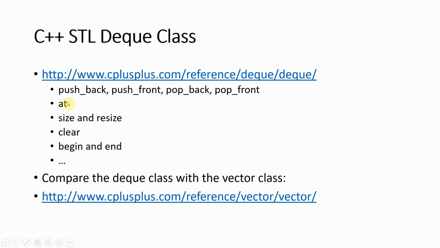Another member function that it has is the at member function, which works similar to the index operator, the square brackets for arrays or vectors, but it has the advantage that you can take advantage of exception handling when you use at instead of the index operator.